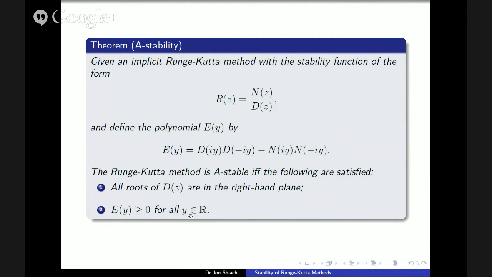So there are 2 things we have to check: the roots of the denominator function are in the right-hand plane, and this function is always positive for whatever y. Then we have an A-stable method. If either of these 2 isn't satisfied, we haven't got an A-stable method.